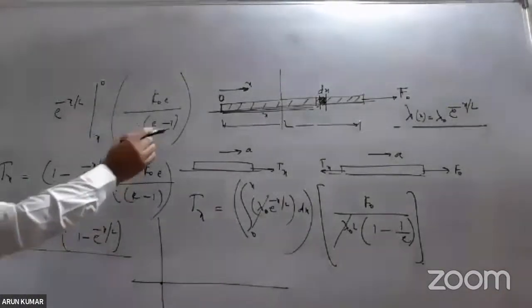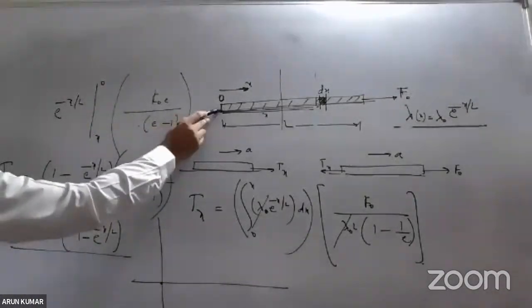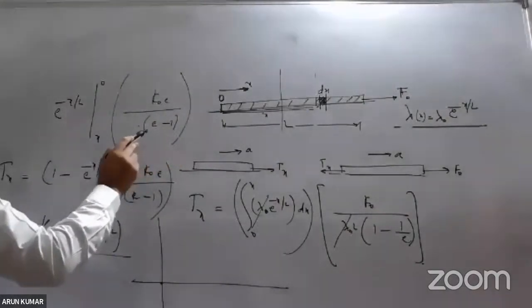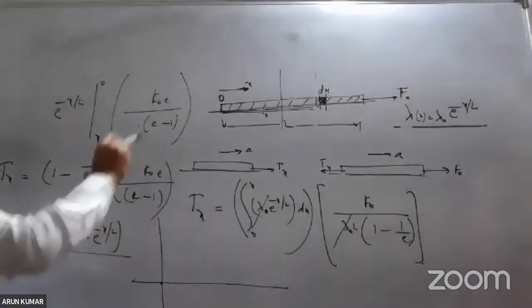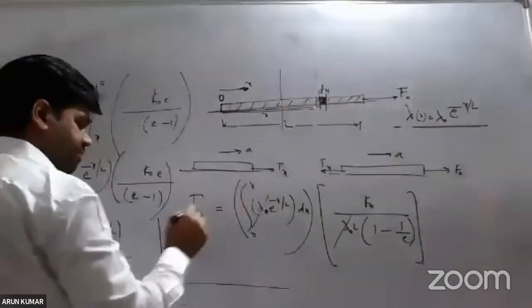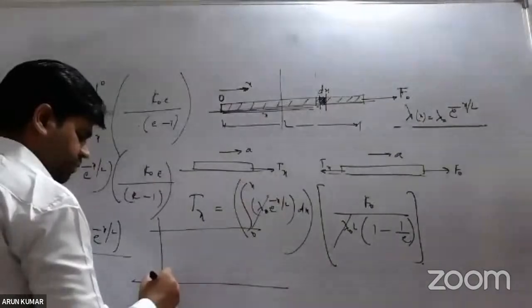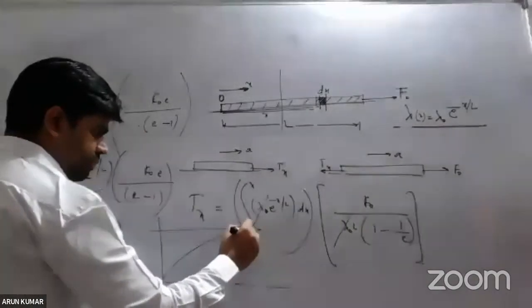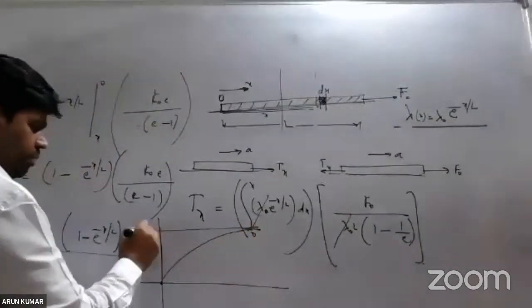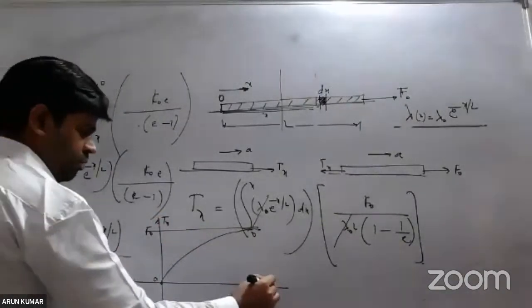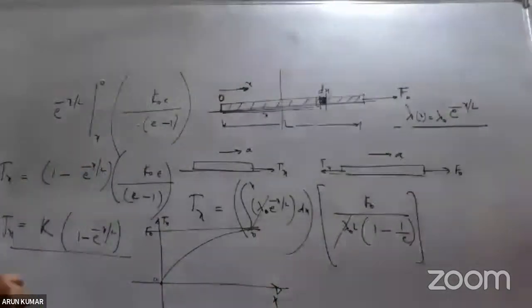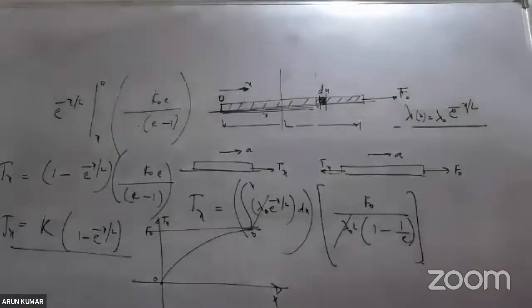When x is equal to 0 here, there is no mass which is being pulled. Tension is 0. When x is equal to L, my tension is F naught. That's how tension is varying.